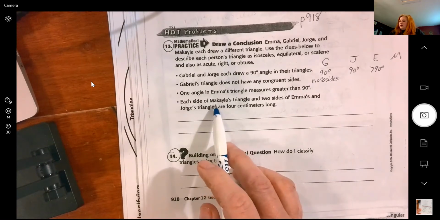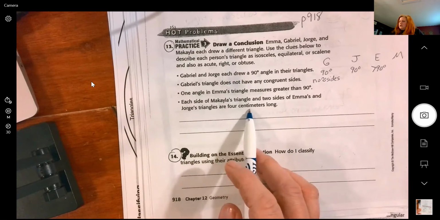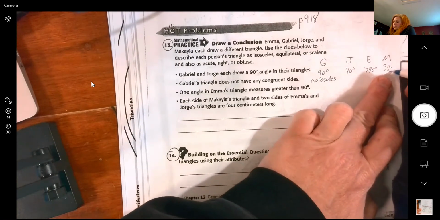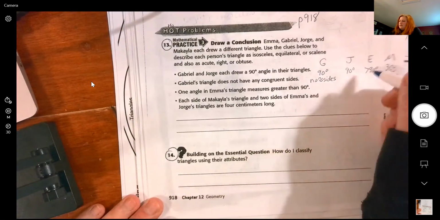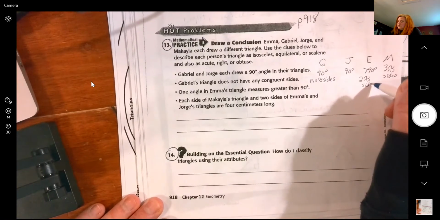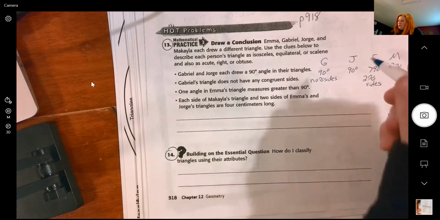And each side of Michaela's triangle is 4 centimeters long. 3 congruent sides. And 2 sides of Emma's and Jorge's.